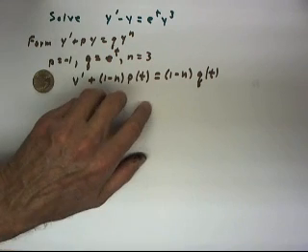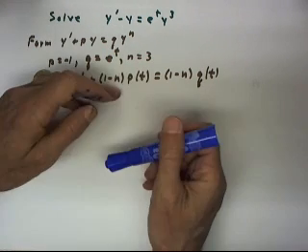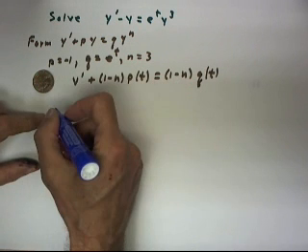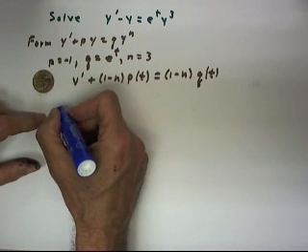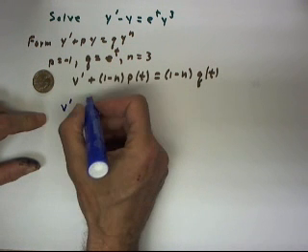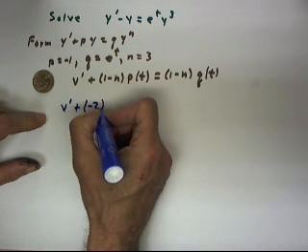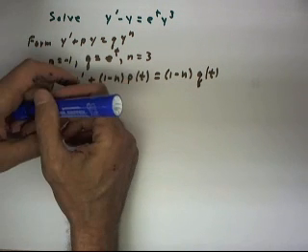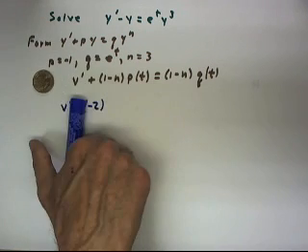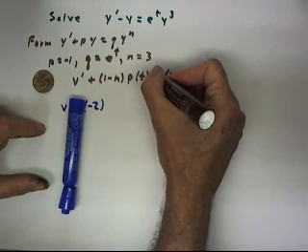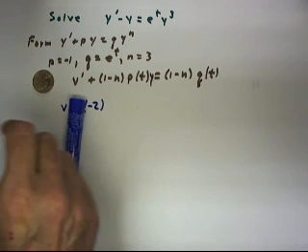Okay. Now, having identified our value of n and our p function and our q function, we can write out the transformed function, which is going to be v prime plus, okay, n is 3, so 1 minus n is negative 2, and I left something out when I wrote this. It's times y here, so we're going to need that.